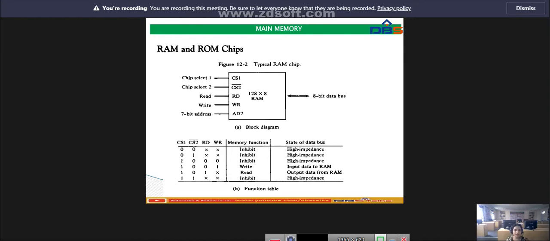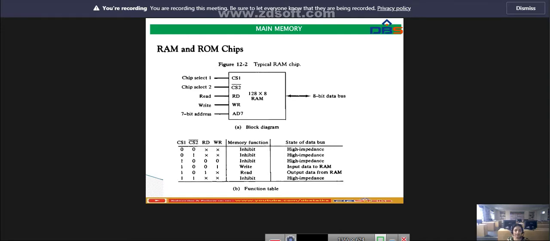Now, the semiconductor RAM memories. What is meant by semiconductor RAM memories? RAM is used to designate read and write memory, to distinguish it from ROM. RAM is random access memory, and ROM is read only memory.